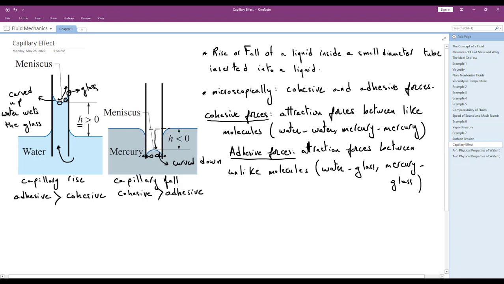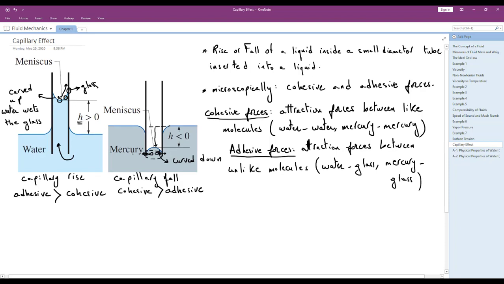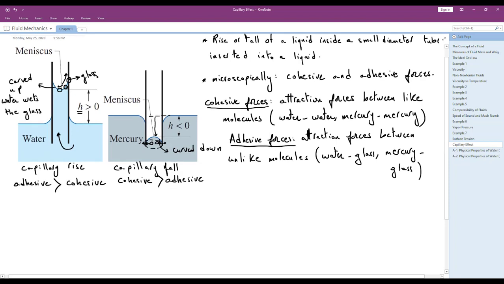So they will be crowded here, and they will form a free surface that is curved down. So in this case we say the mercury does not wet the surface.